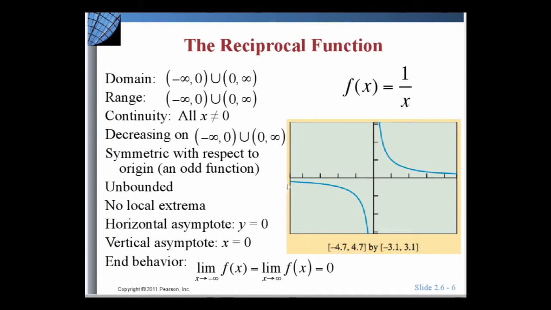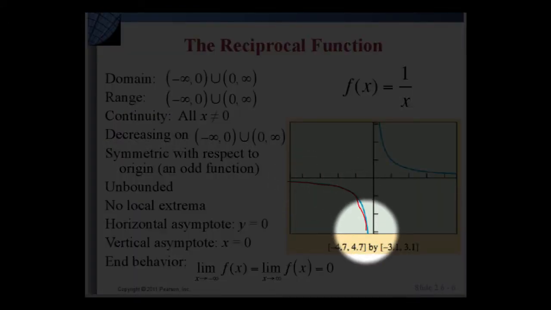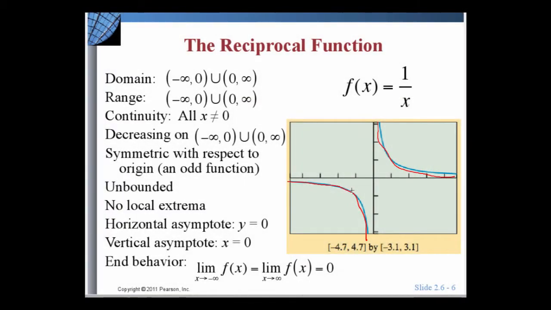Continuity: this function is continuous everywhere except x equals 0. Remember, a test for continuity: if we take our pencil and trace the curve, here we would have to pick up our pencil and put it back down up here to continue tracing this curve. So we have a discontinuity at x equals 0.